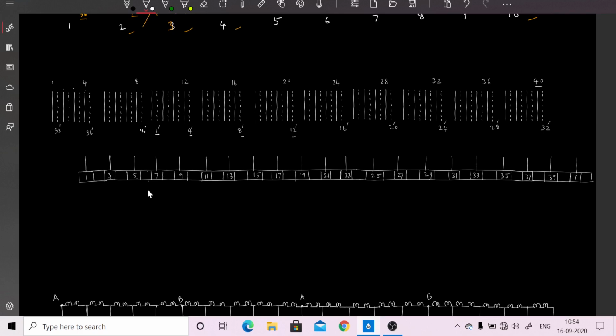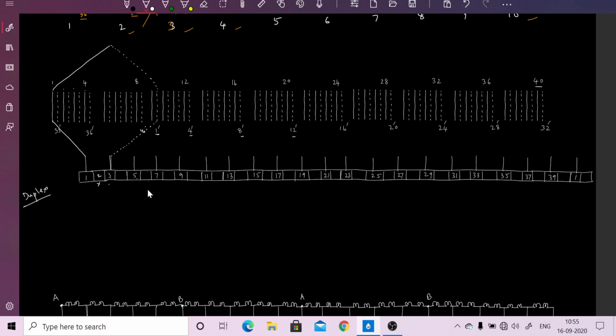So in duplex winding, coil 1 will be connected to 1, and the back side will be connected to 1 dash, and this coil is connected to 3. This is connected to 3, not 2, because it is a duplex.